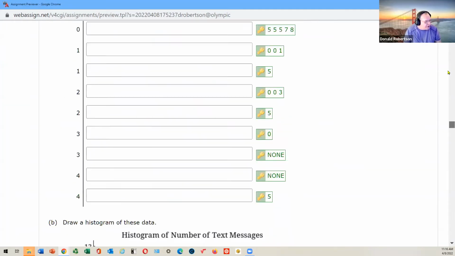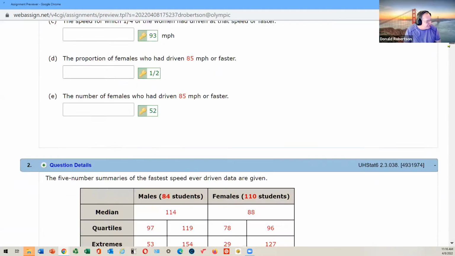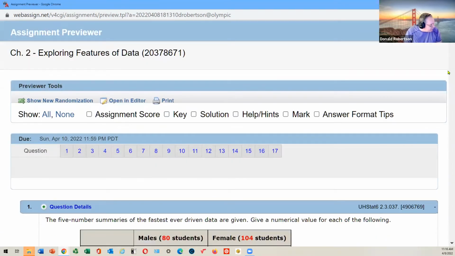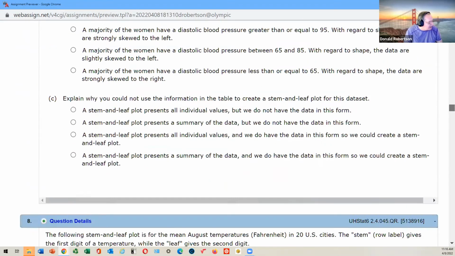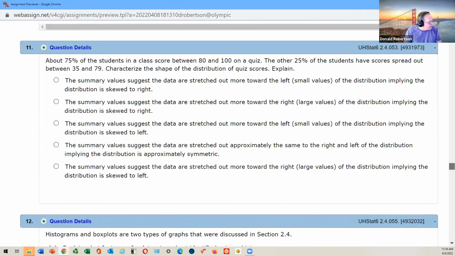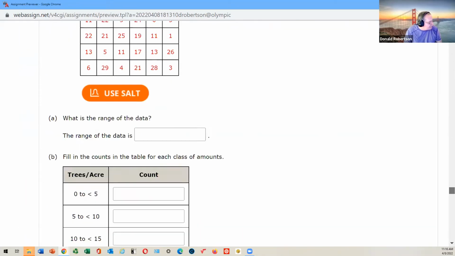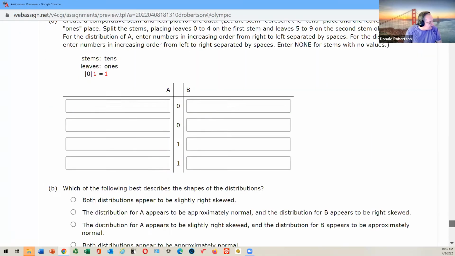Right, now I'm going to take off the answers because it's very distracting if you can see what the answer is. So the third and final type of stem and leaf for today is a back-to-back stem and leaf. Very often you use them when you're trying to compare two different sets of data. Where is that back-to-back?